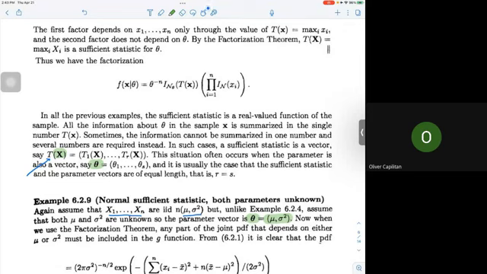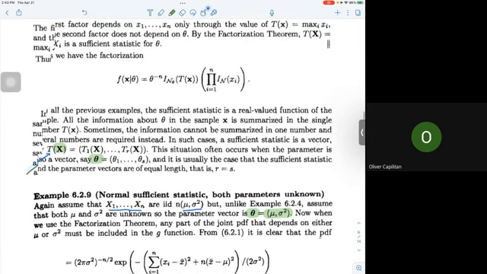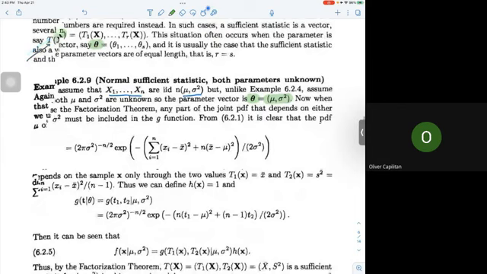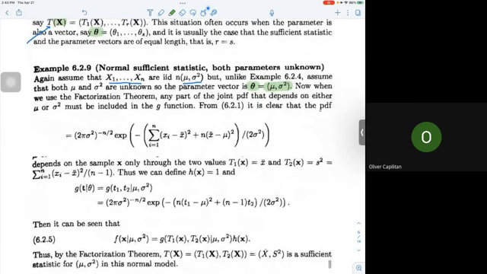So in this case, our sufficient statistic would also be a vector. So based on our factorization theorem, let's first find the joint PDF of our sample.